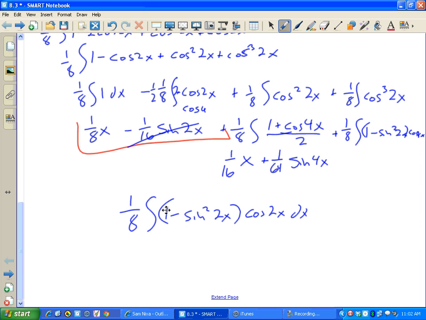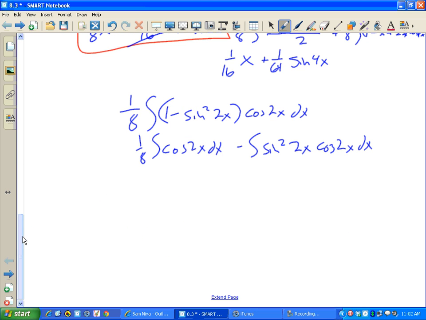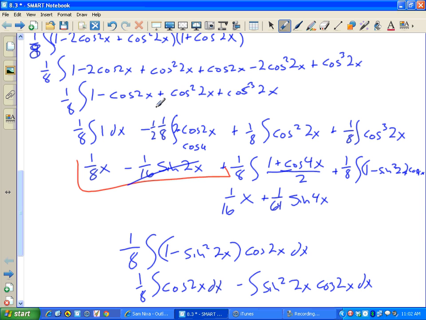So when I distribute this in, I get cosine 2x dx minus the integral of sine squared 2x cosine 2x dx. This one is the same thing that I had up here, so that's why it canceled. So this one canceled with that one.